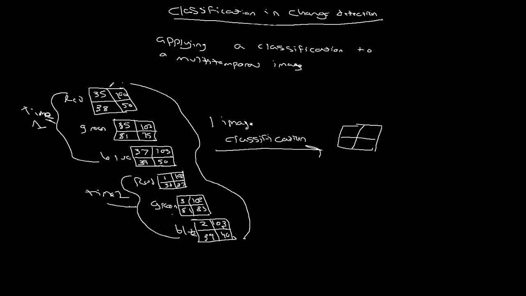So what would happen most likely is a classifier would see these pixels here and say, that's one class. We'll make it, say, purple for class 1. It's then going to look at this pixel here and say, well, it's not class 1, because these pixel values stayed the same. So it's a different class. It's class 2.